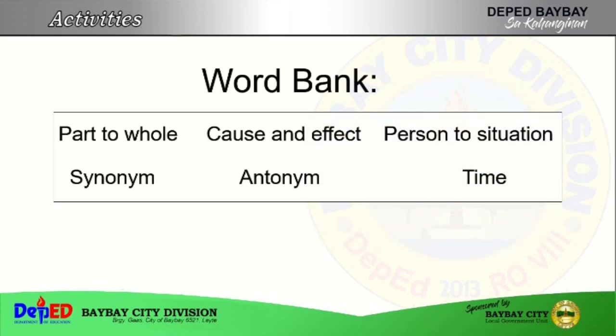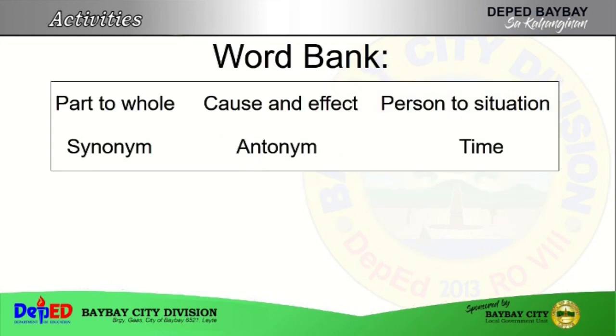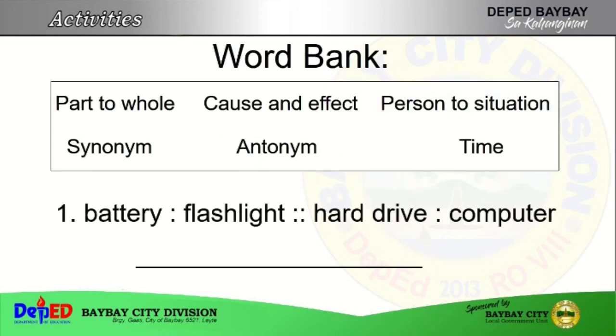A word bank is provided for you. Let us read the choices inside the word bank. Part to whole, cause and effect, person to situation, synonym, antonym, time. Let's do number 1 together. Battery is to flashlight as hard drive is to computer.